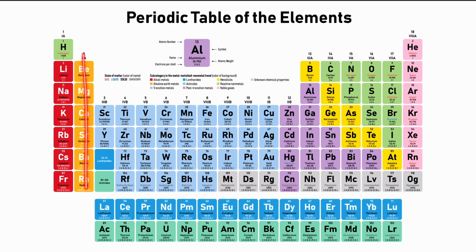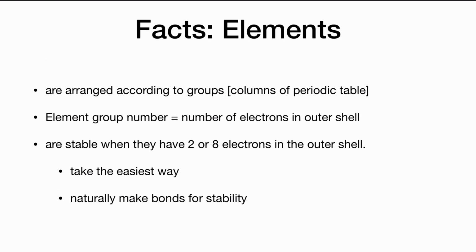All these elements belonging to this group have 2 electrons that are available to make bonds. Over here we have 3 available to make bonds, 4 available, 5 available, 6 available, and 7 available. The last group is quite unique because of a fact which we will mention later. Okay, so that was fact number 2.